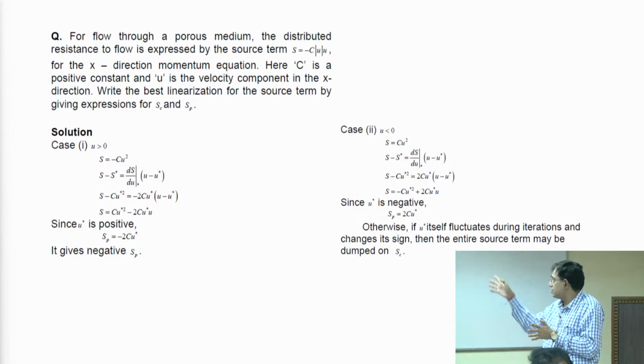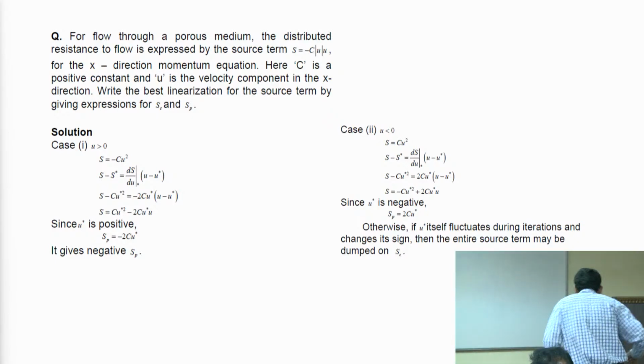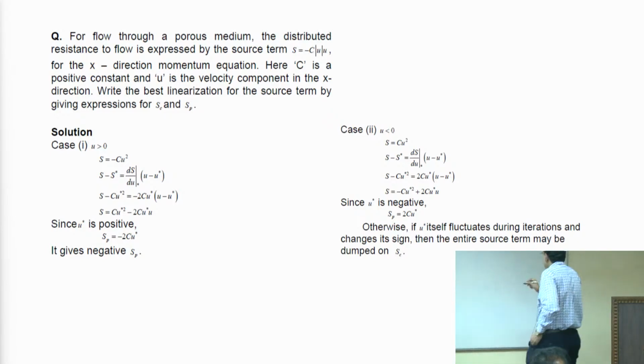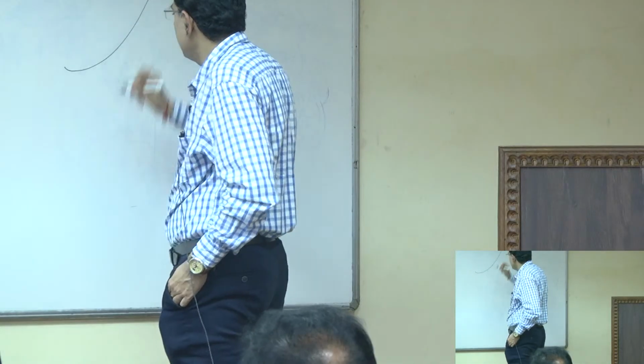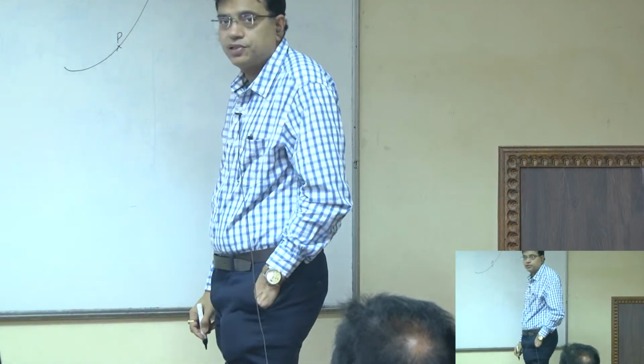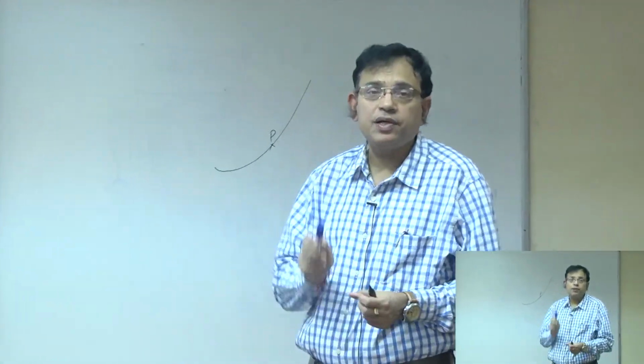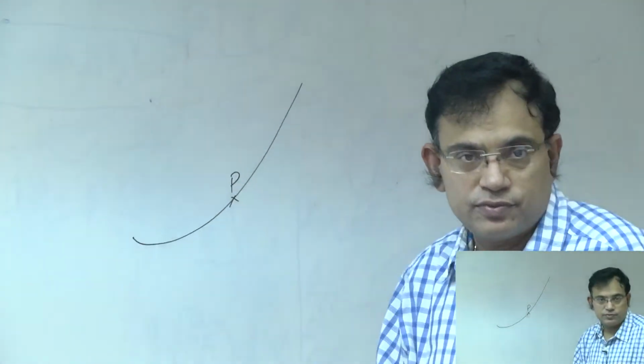This is the solution I have outlined here, very simple. What you have to keep in mind, and I am just telling you the principle behind this, is that you have a graph and you want to linearize it at a point, let us say this is the point P. What is the best linear representation of any non-linear graph?